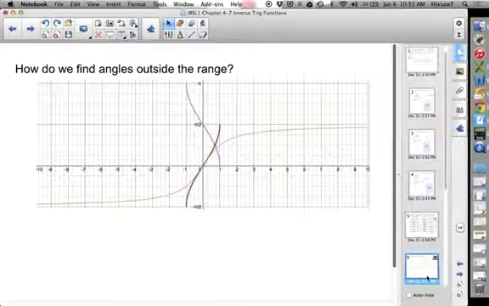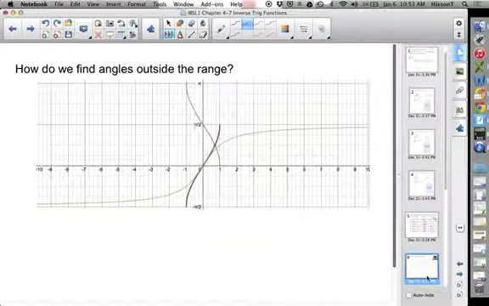Now, if you look at all of these, here's all 3 graphs together. We have the sine, or the arc sine. We have the arc cosine, and then we have the arc tangent.